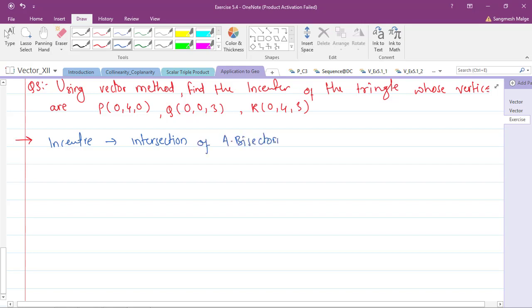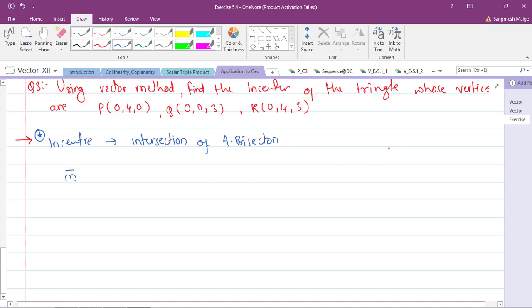Please note this, it's the intersection of angle bisectors. Orthocenter is the intersection of the altitudes. In this section we have proved the incenter of a triangle, let's name that incenter as m bar.